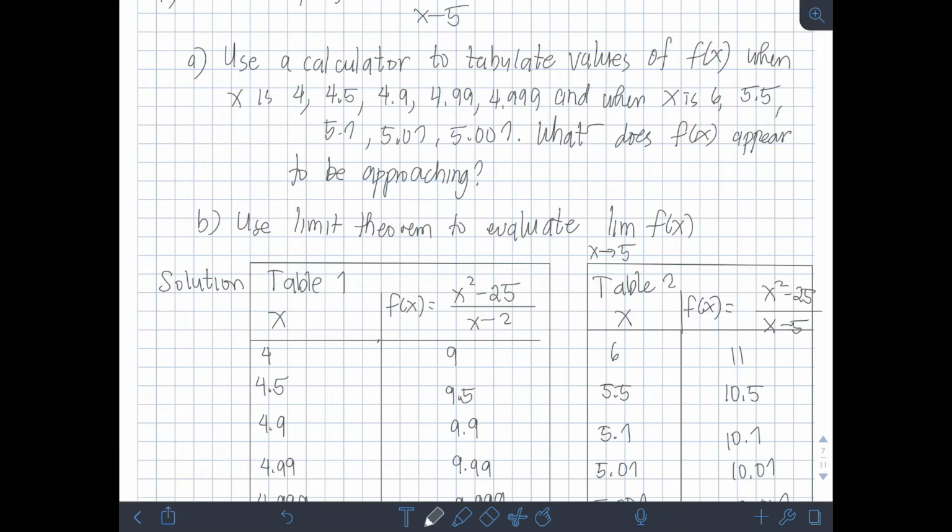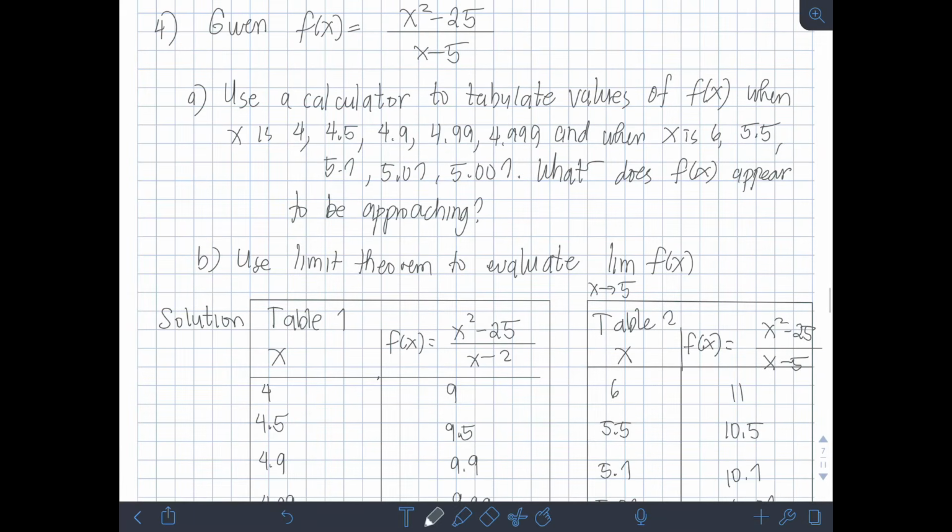So, tinabulate ko na agad yung values nung f of x natin with certain value na given. So, gumamit na lang ako ng calculator. So, mapapansin nyo, dito muna sa una, yung 4, 4.5, 4.9, 4.99, 4.999, ina-approach natin yung value nung x sa 5, which is coming from the left, or yung left-hand side natin, according dun sa video ko about limit of functions.